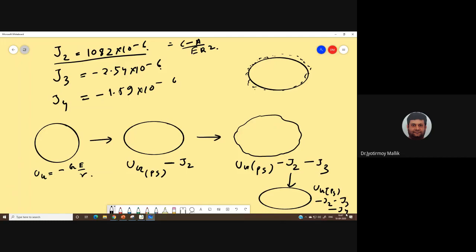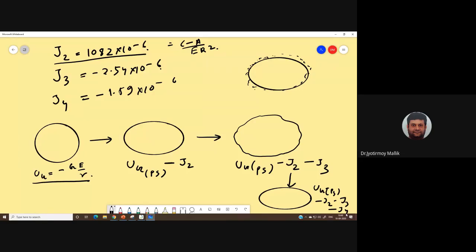But we can go close to the reality by increasing the value of n, we can go closer to the reality of the shape of the Earth. And you can see that when I am considering it to be a perfect sphere, then it is g minus g by r.